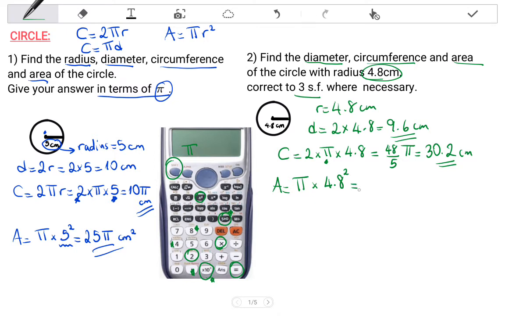Then press equal sign. Again, you will have an exact value in this example. And press SD button to see the decimal number and do approximation correct to 3 significant figures. The value is 72.4 centimeters squared.